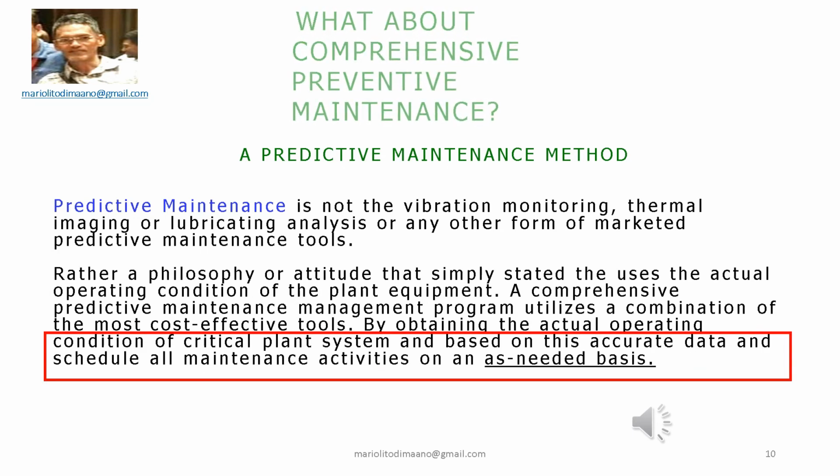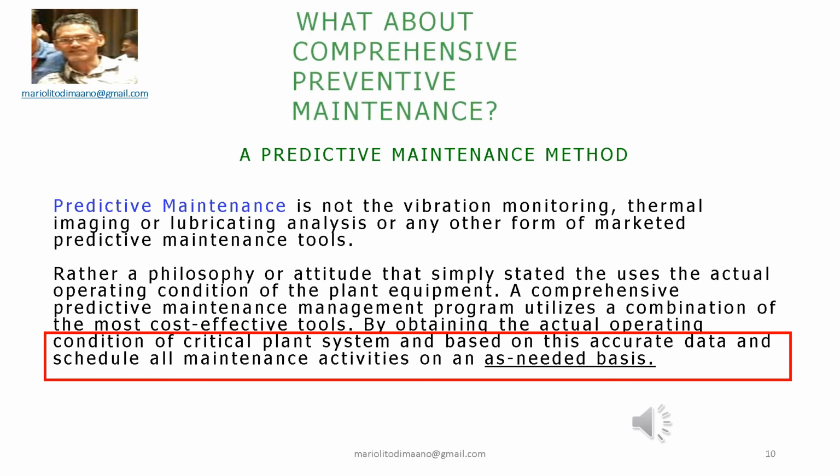What about comprehensive preventive maintenance? Predictive maintenance is not vibration monitoring, thermal imaging, lubricating analysis or any other form of marketed predictive maintenance tools. Rather, it is a philosophy or attitude that, simply stated, uses the actual operating condition of planned equipment.